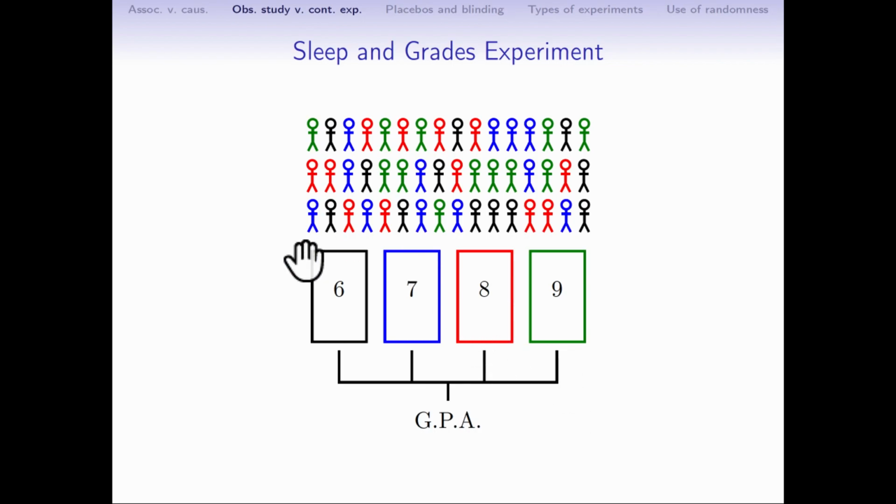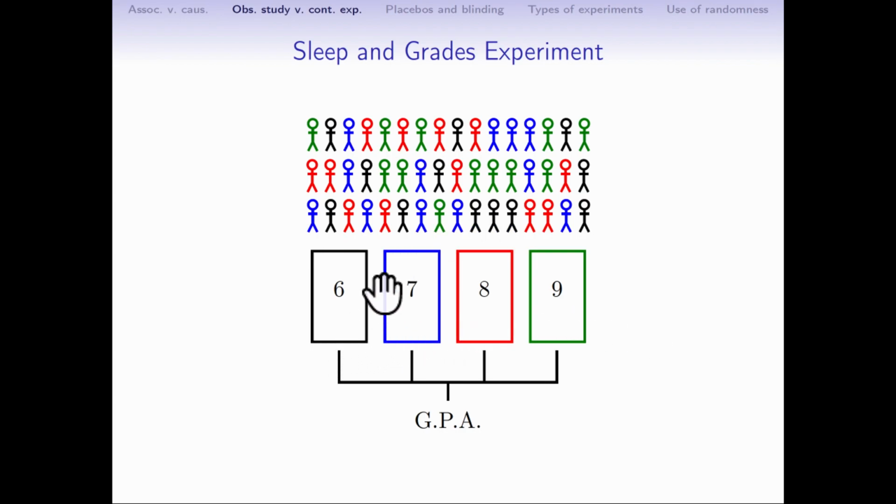So we want to make sure that we're washing out any other possible explanations for grade point average by randomly assigning these kids to these groups. We might want to use a tool like random.org to take these children and color them black, blue, red, or green to put them into these different sleep groups.